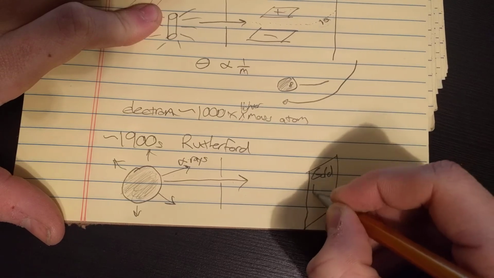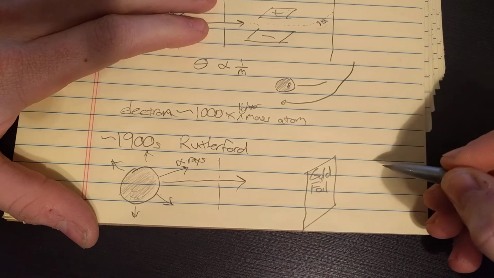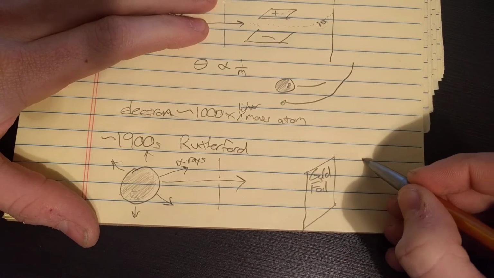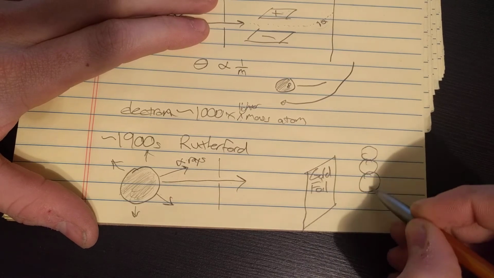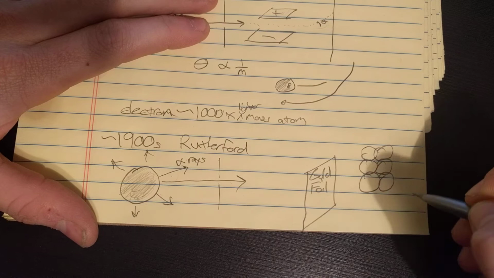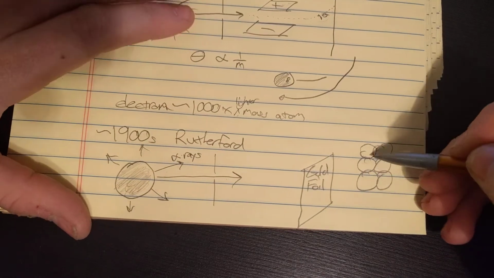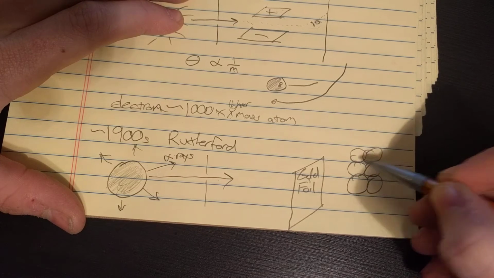He picked a gold foil because it was very dense with gold atoms. So if we zoom in, it's composed of gold atoms, and they thought there was very little space between each of them.